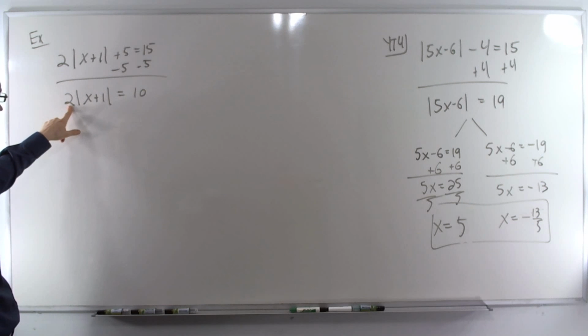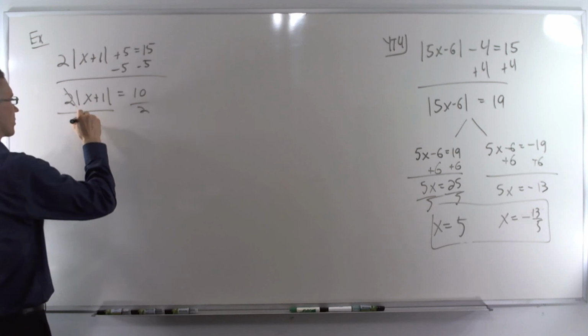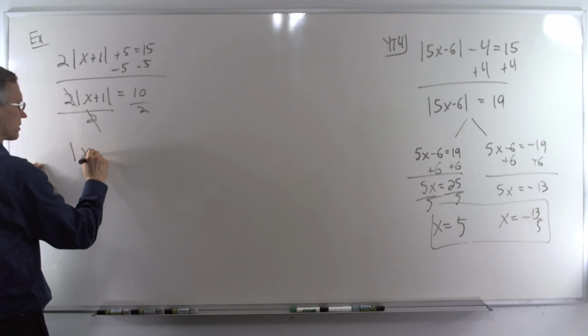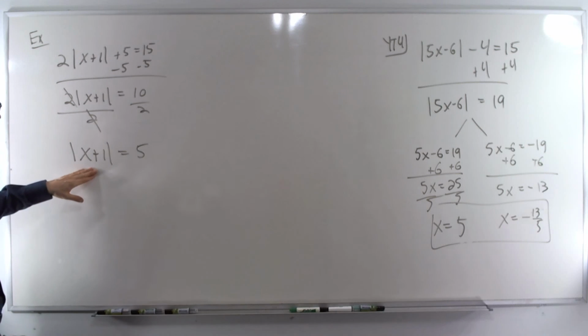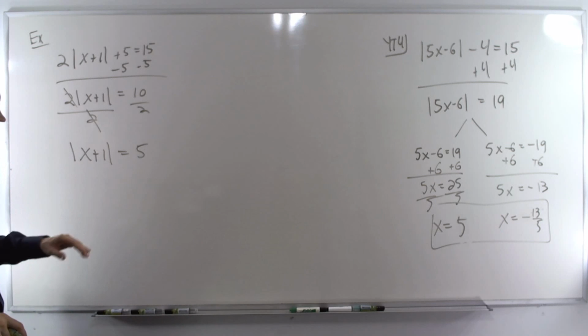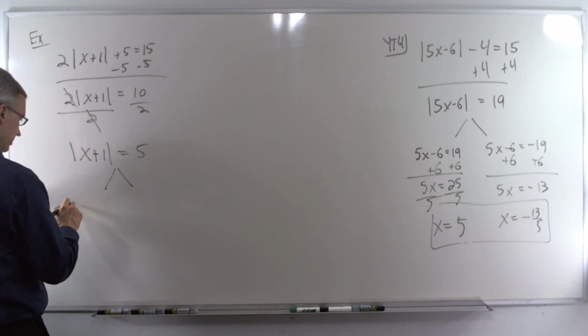Now we need to get rid of that 2. So we'll divide both sides of the equation by 2. These will cancel, leaving just the absolute value of x plus 1 equals 5. All right, now we've got the absolute value completely alone on one side of the equation. So at this point, we can split it up into 2 equations.